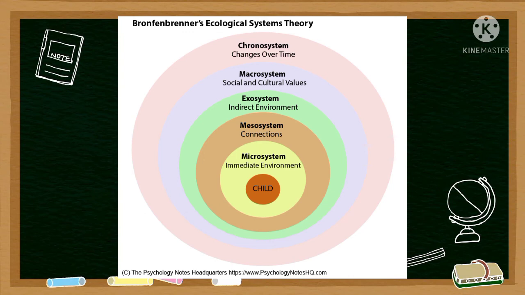So it means that the exosystem is outside of the daily activities of a child, but still has an effect on the individual. An example of the exosystem is the workplace or work of the parent of a child.